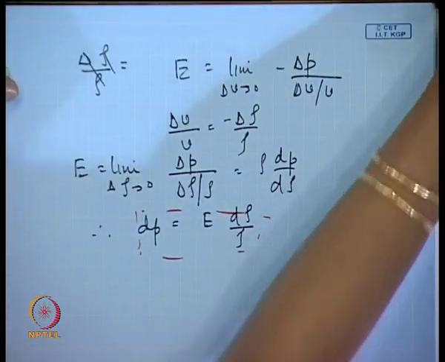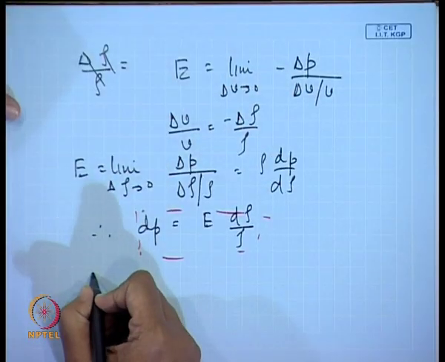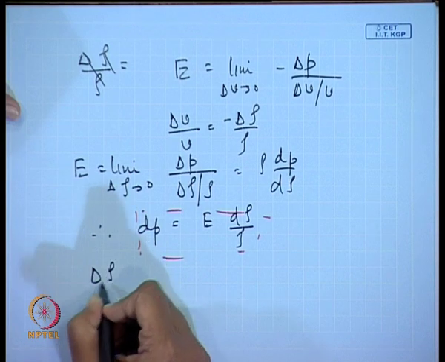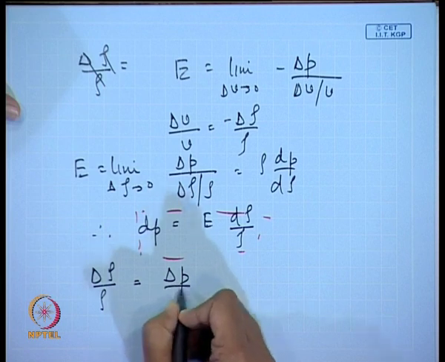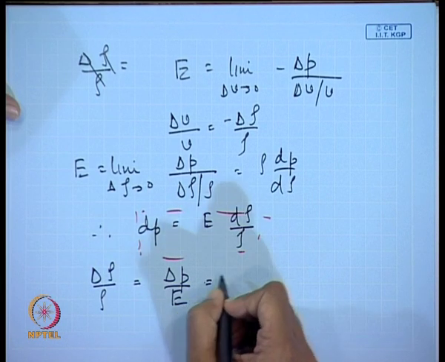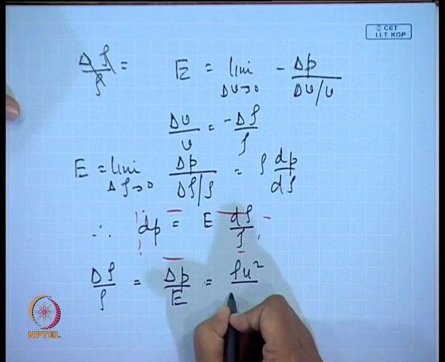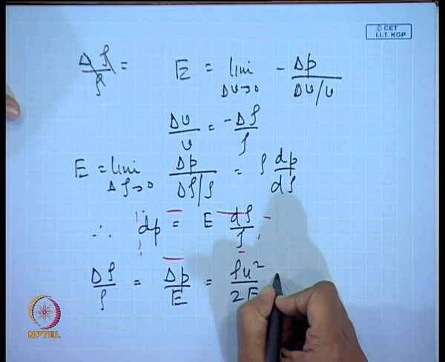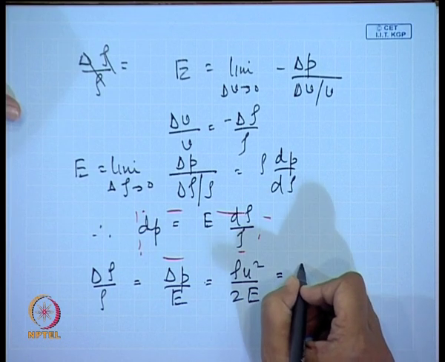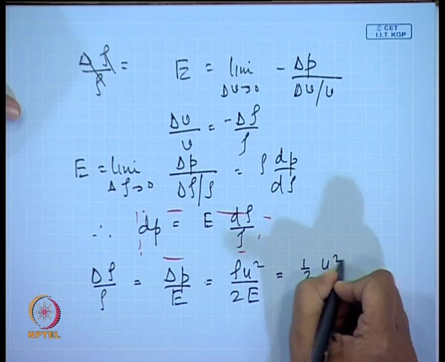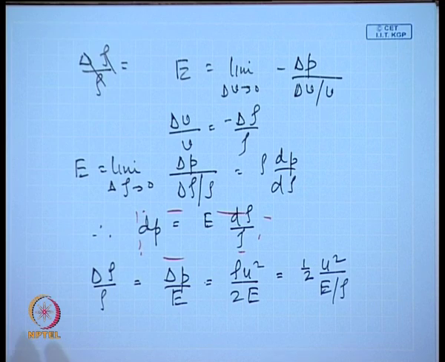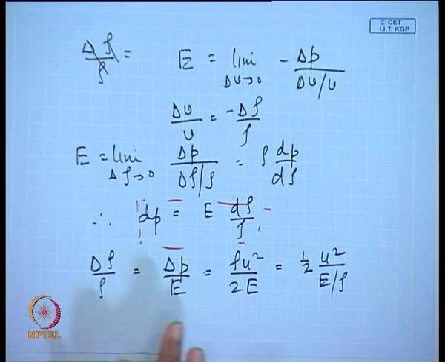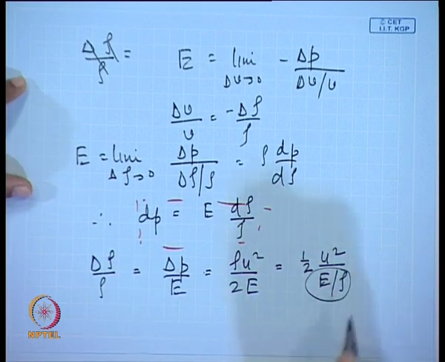And so, from here what do we get? We get that delta rho by rho is nothing but equal to delta P by E. This is rho u square by 2E, or in other words this is half u square by E by rho. Can we write it down in this form, yes or no? I am just doing basic substitutions. And what is this E by rho?